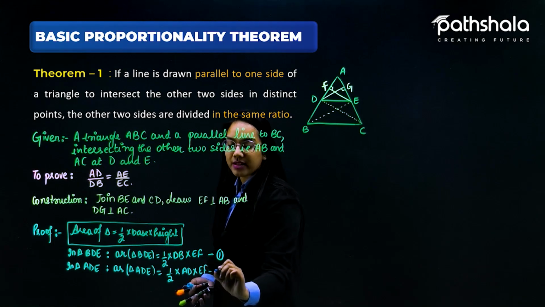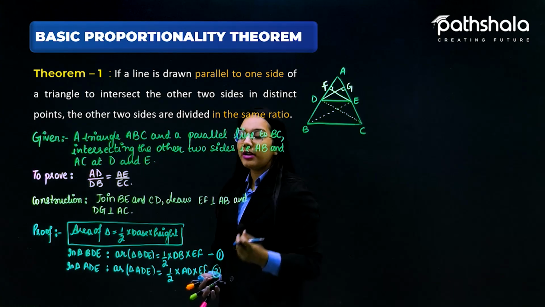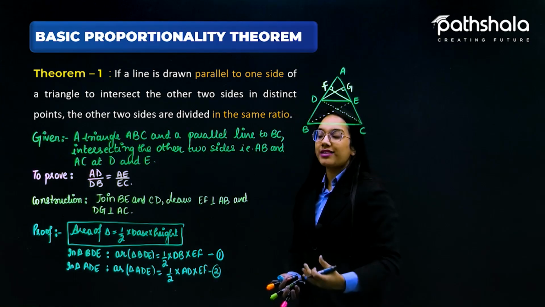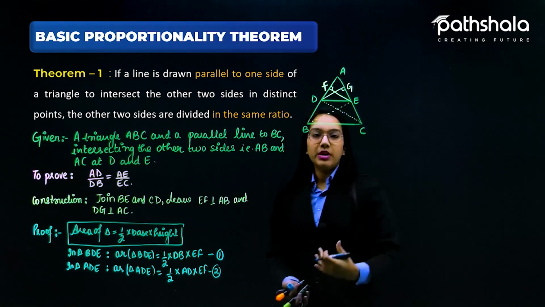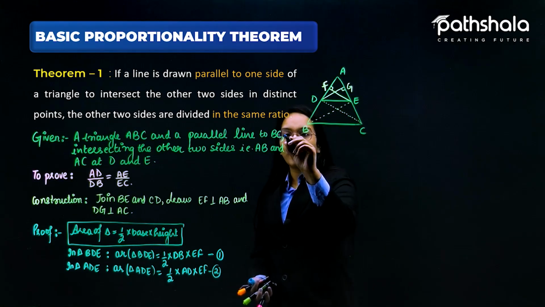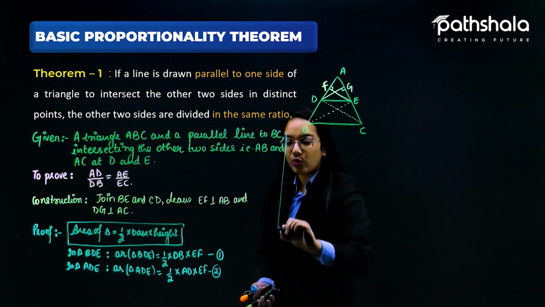Let us suppose I am taking this as equation number 2, and now I am dividing these two equations, that is the area of the triangle ADE and the area of the triangle BDE.